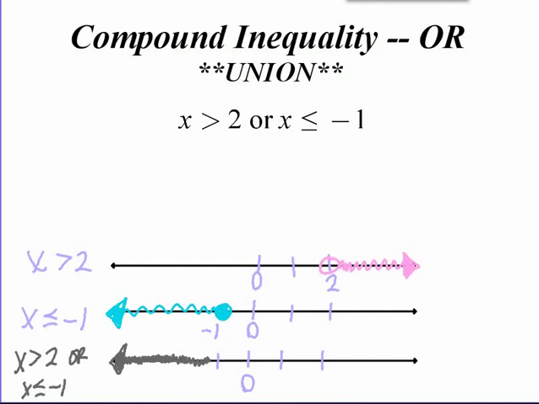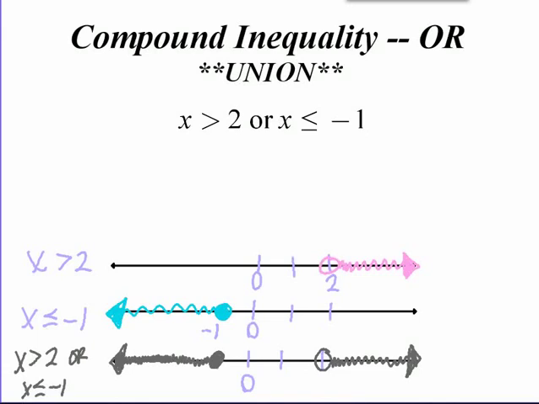Am I still shaded in at least one? Yep. Am I still shaded in at least one? No, I'm not shaded here. What about here? Well, I'm going to have an open circle, right? Am I shaded? Yeah. So with or, when you combine them, you're just looking that they're shaded in one or the other.